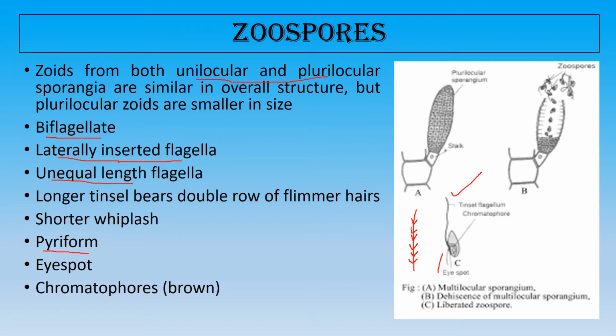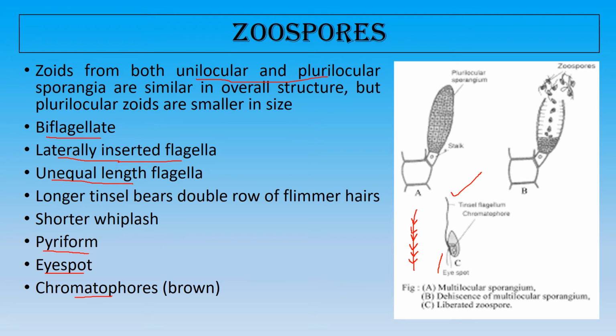On the other hand, the other one, the whiplash type, is directed backward; it is just dragged along and it rarely feeds. So this morphology of flagella is common for both the haploid meiozoospore and the diploid mitozoospore.